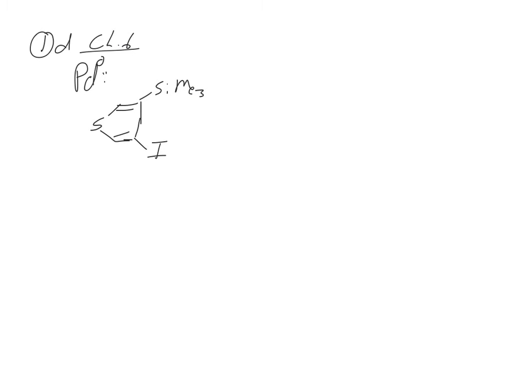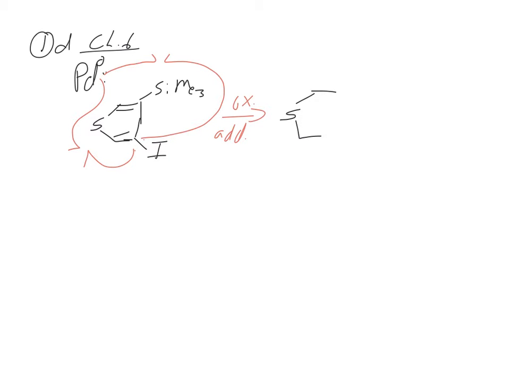So we start with palladium 0, so I have that polar bond to iodide. Let's do an oxidative addition. So our palladium 0 now becomes palladium 2. So this is a Suzuki coupling.